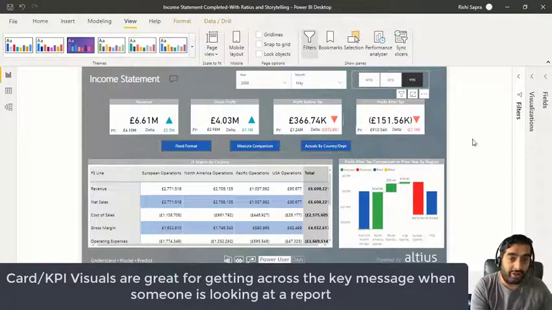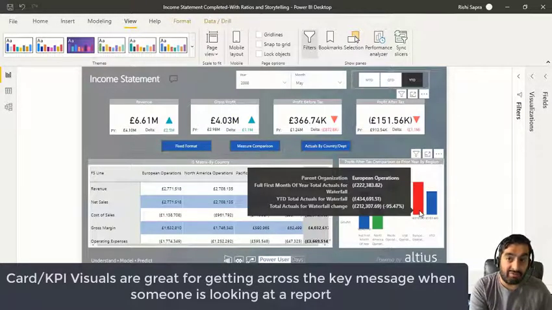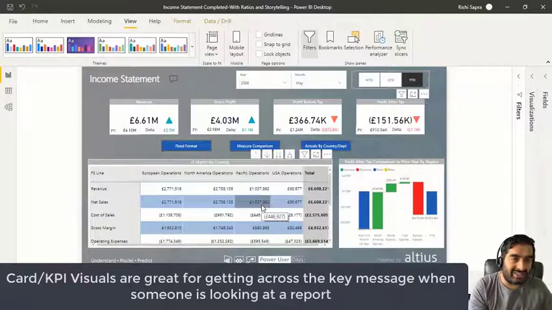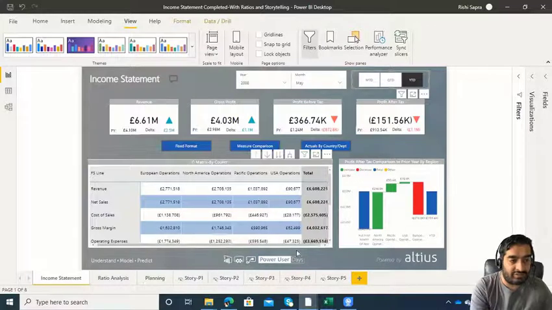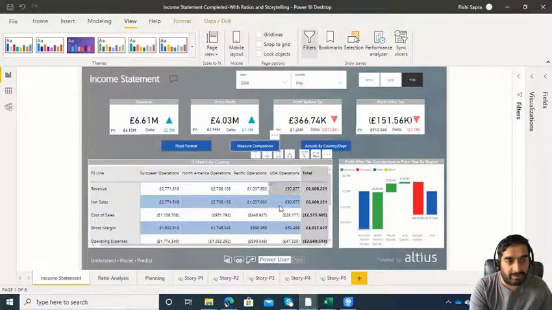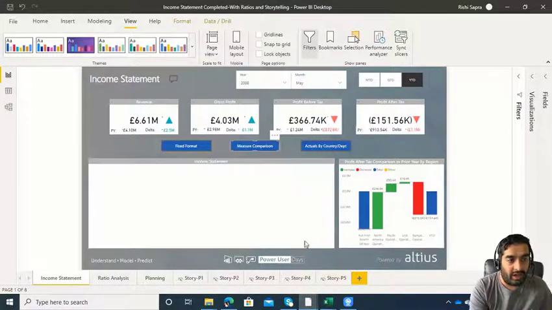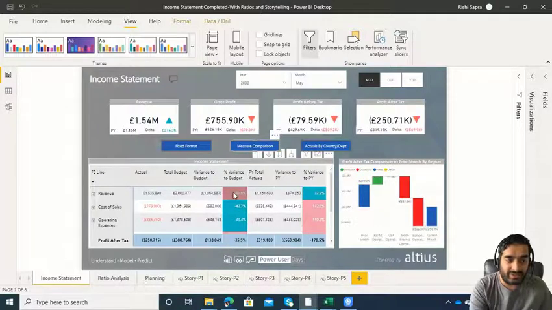And we can see, even looking at the waterfall chart where we're looking at profit after tax, that European operations is the biggest contributor to that. So we can see at a glance where everything is, and we can also see, looking at our variances, for example, if we looked at measure comparison, we can see the variances and which ones have positive and negative variances. So we're using color here as well.